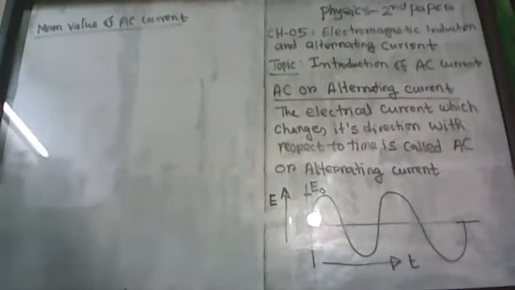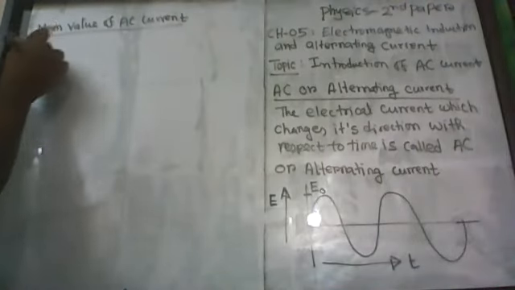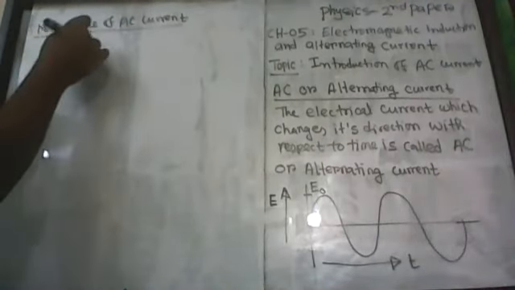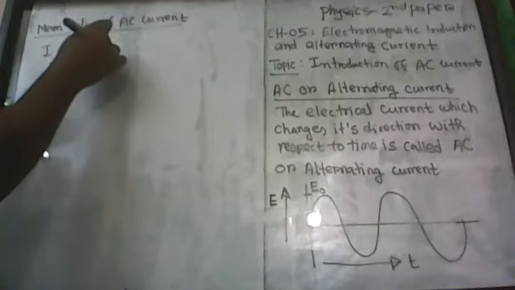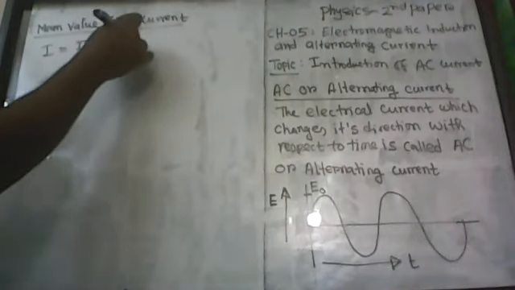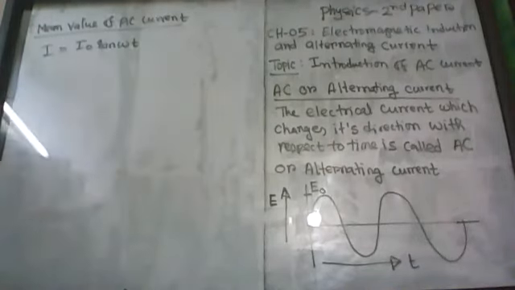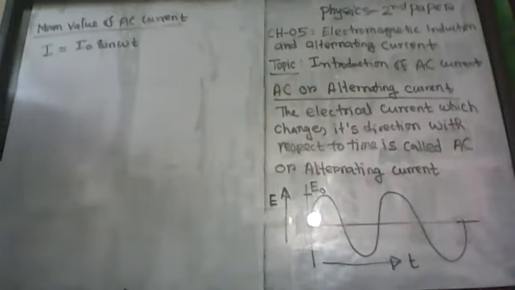You know that AC current I will equal, just like the previous one, I naught sine omega t. Now I'm going to find the average value of AC current.